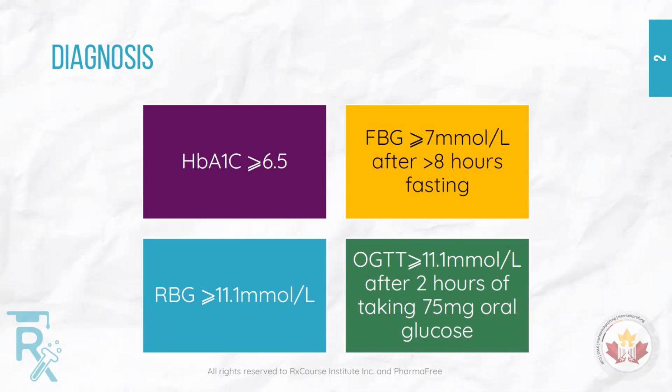And the random blood glucose is the one after the oral glucose tolerance test, where we ask someone to take some drink with sugar, and then we measure the blood glucose. Based on that, we find that it's 11.1 or more.